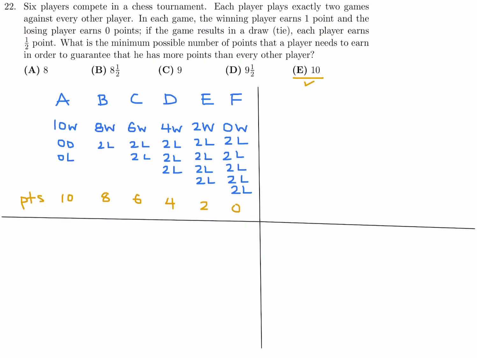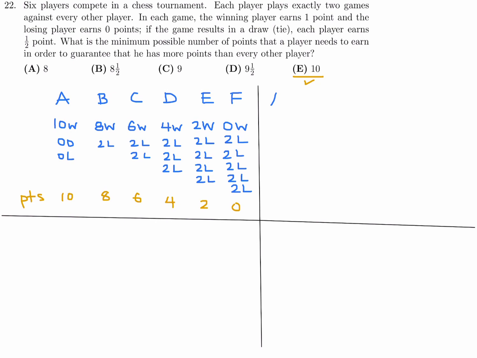Since the next answer choice is 9.5, we want to try to see if a scenario of 9.5 can guarantee a situation where one player has more than every other player in terms of points. Well, a 9.5 will be obtained if you have 9 wins and 1 draw, because you will get 9 points for the wins and a half a point for the draw.